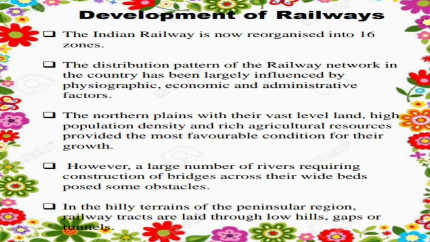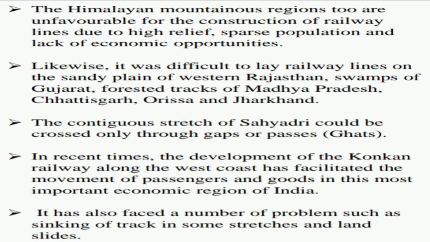In the hilly terrains of the peninsular regions, railway tracks are laid through the low hills, gaps, or tunnels. The Himalayan mountain regions too are unfavorable for the construction of railway lines due to the high relief, sparse population, and lack of economic opportunities.